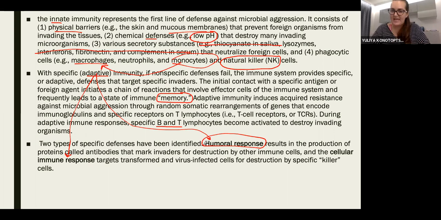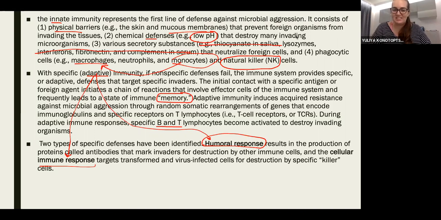This is when, again, your B lymphocyte gets activated by a certain antigen, turns to become plasma cell, and that plasma cell makes lots of antibodies against that specific antigen that has activated it. So all of it is called humoral response. Everything that T cells do, and they do lots of things, is called cellular mediated immune response.